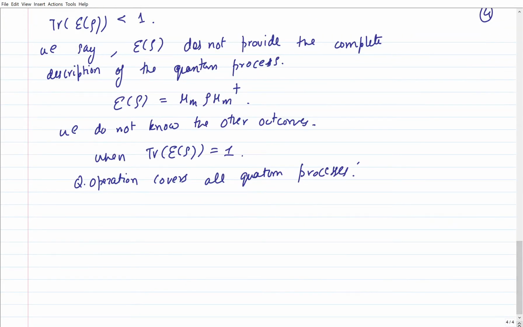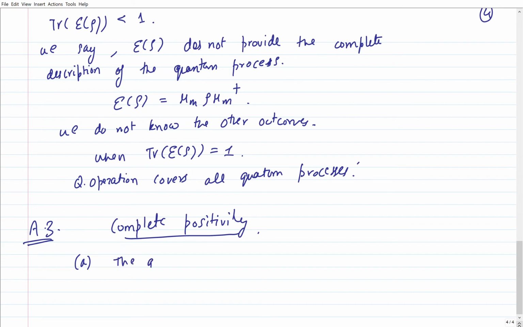There's one more thing we want from a quantum operation, and that is called, let's say, axiom 3. It's the notion of positivity, or should we say complete positivity. What do we mean by that? So, look, the quantum operation should take a positive operator to a positive operator.